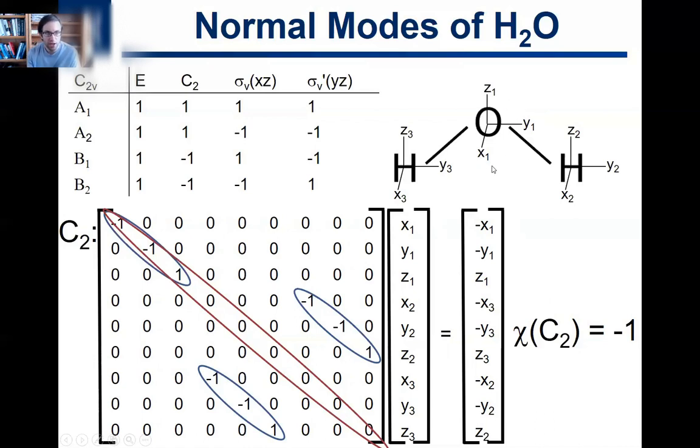And what was special about oxygen, when we rotated it, did a C2, it didn't move, right? But the hydrogens, they moved, they switched places. And when they switch places, their Cartesian coordinates also switch places, which is why their values are these off diagonals. So the atoms that moved had values of 0 on the main diagonal. They didn't contribute to the character of this matrix, right? Only the stationary atom did, which in this case was only oxygen, okay?